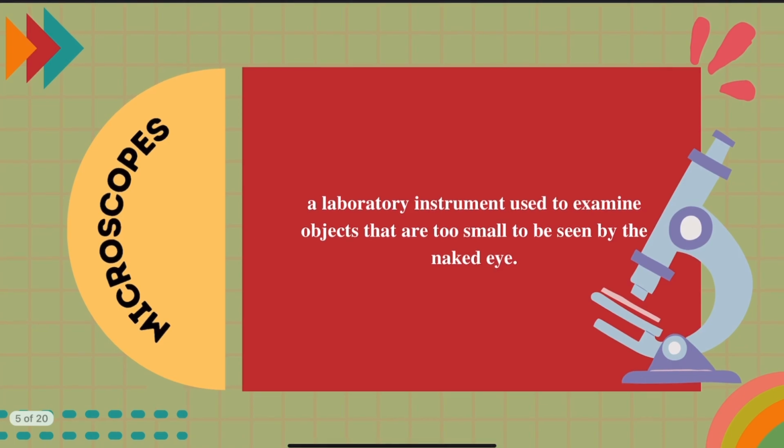We knew of the existence of cells because of the help of an instrument known as microscope. Microscope is defined as a laboratory instrument used to examine objects that are too small to be seen by the naked eye.